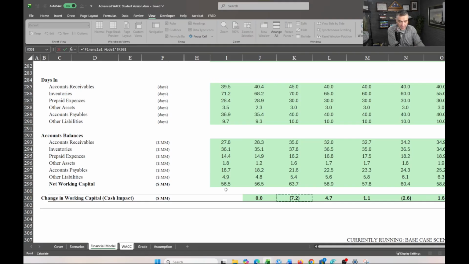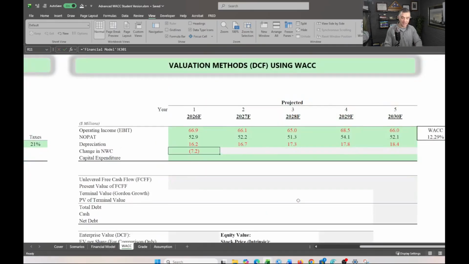That gave us the net working capital. To find the change in working capital, we did the cash impact. I did the previous year minus the current year. Therefore, this is the direct sign of how cash is changing. If you look it up in a textbook, it may say negative. But in this example, we want to know how cash is changing. So it's declining by 7.2. That is the correct sign of it.